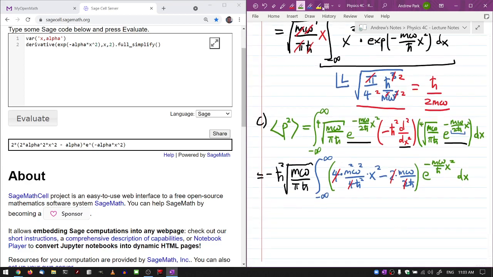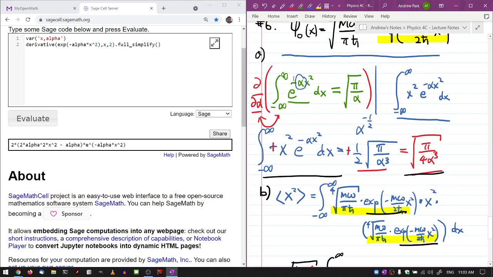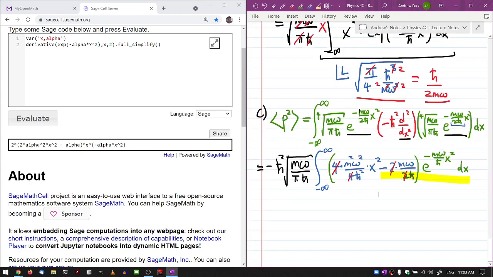This integral is actually something that you should have memorized because this is what we started out with in part A. The integral of e to the minus alpha x squared is the square root of pi over alpha. So the integral of just this portion with the second term is going to give me the square root of pi over alpha, or pi times h bar over m omega.